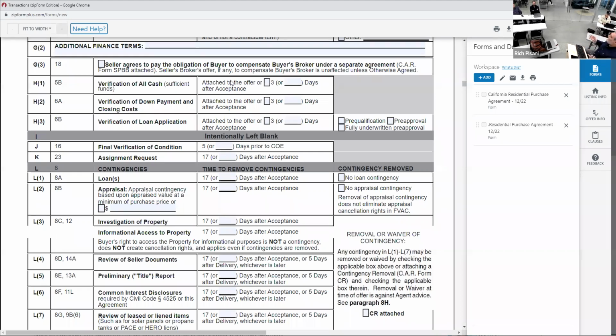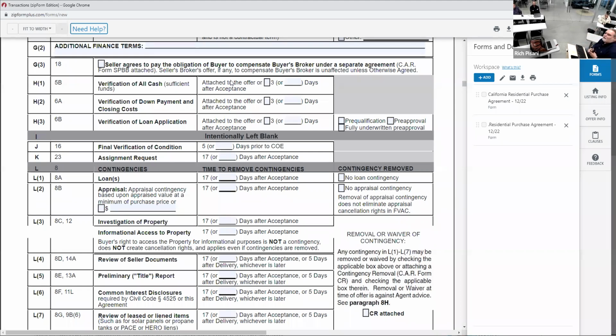Pre-approval is I've looked at the documentation, and based on the documentation, you can get this loan. Then there's the full underwritten pre-approval. That means the underwriter, the person who really digs deep, says yes, you have got this loan.